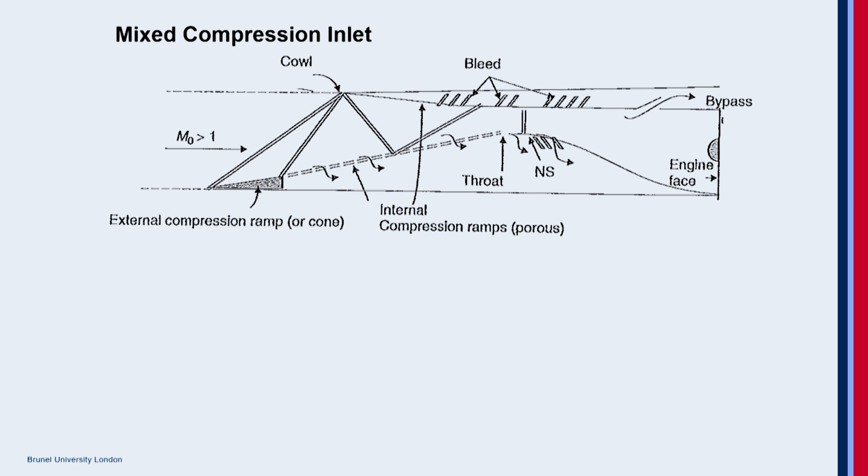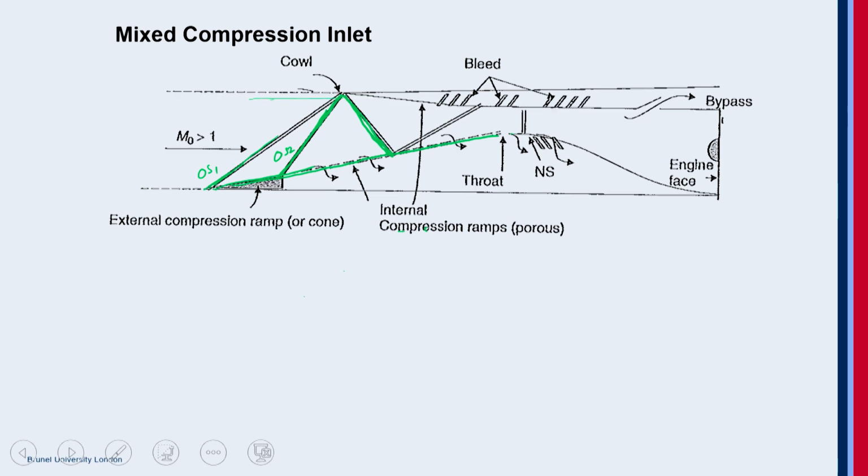So here you see, this is the compression. What I'm drawing here is the compression ramp. The first oblique shock, 1, and then the oblique shock 2. Now you can see the cowl lip is no longer inclined, it is in line with the flow, so that the shock coming from this last ramp will be reflected into the inlet.